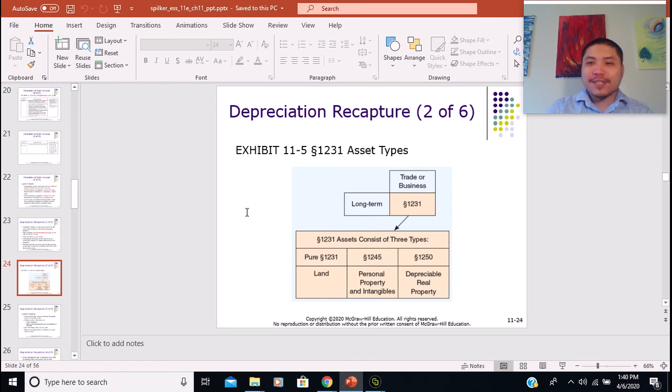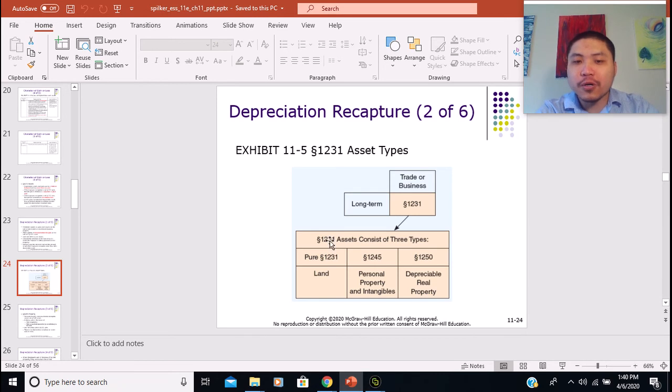There's a lot of asset classification in this chapter. Before, we talked about ordinary asset, capital asset, and then section 1231 asset. Now under section 1231 asset, there are 3 different subsets of assets.